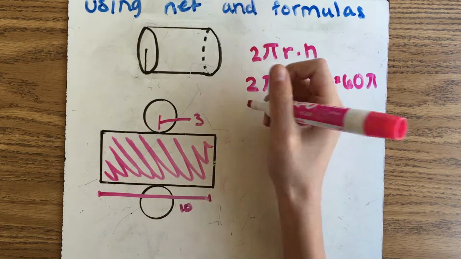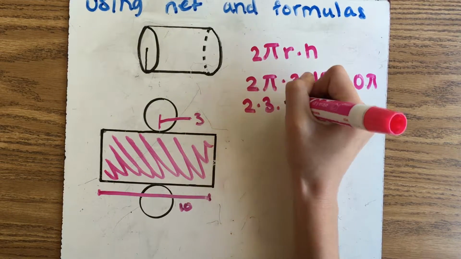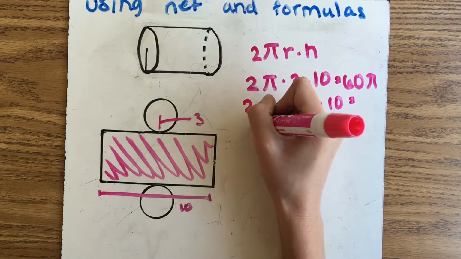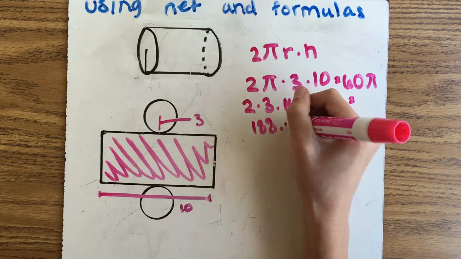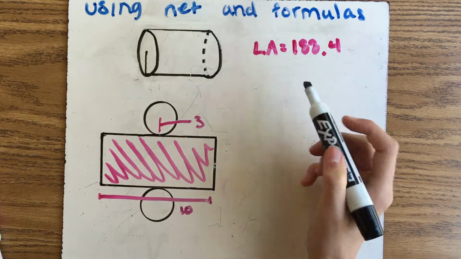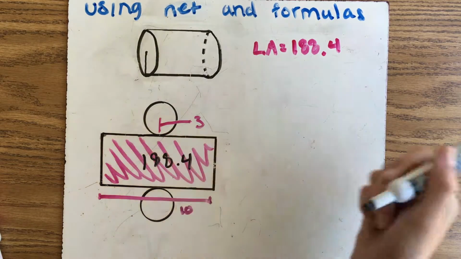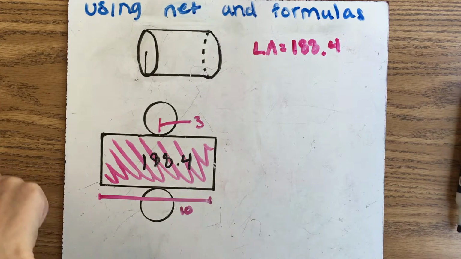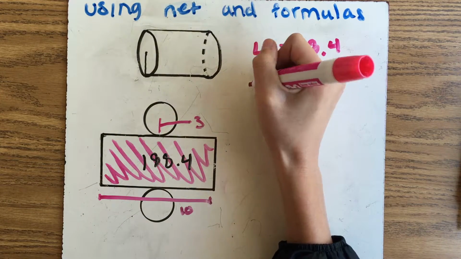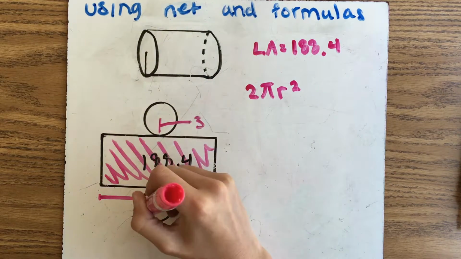But if we're just using 3.14, then it would be 2 times 3.14 times 3 times 10, which is going to give us 188.4. Okay, so now that we've found the lateral area, we can find the surface area. So for the surface area, we're going to need to use the equation 2 pi r squared, which is going to find the area of one of these circles.